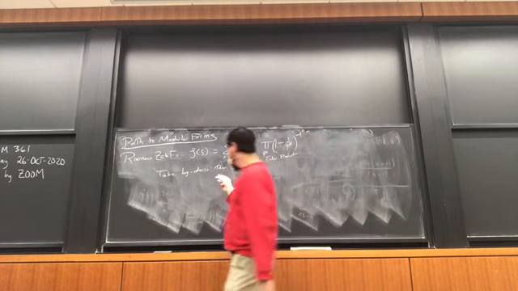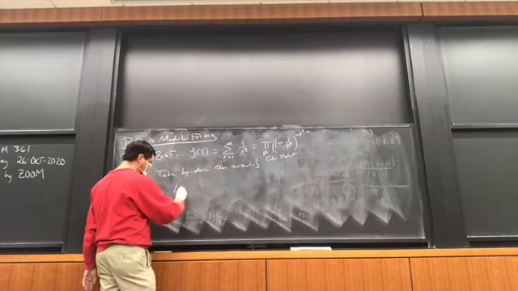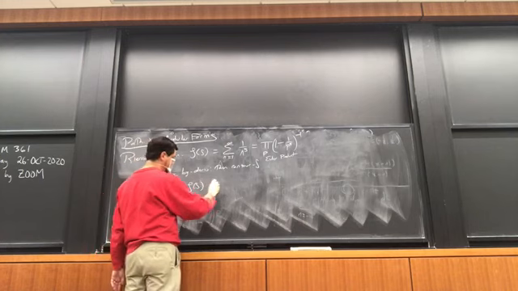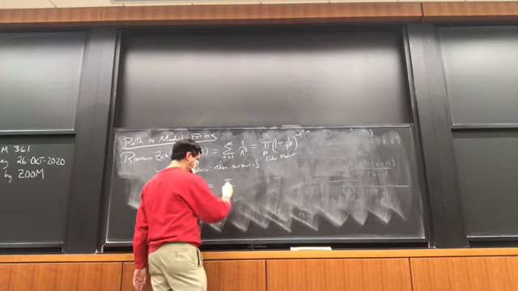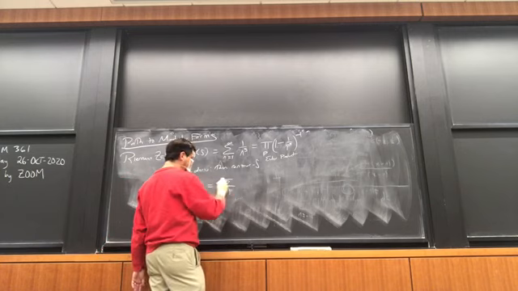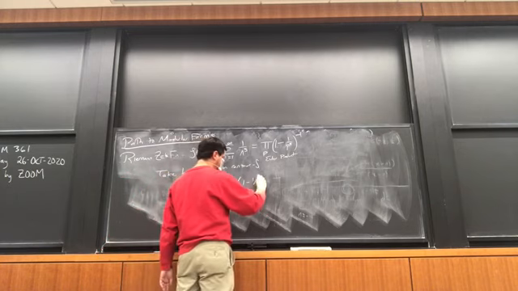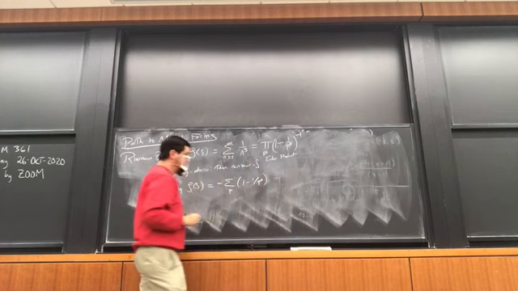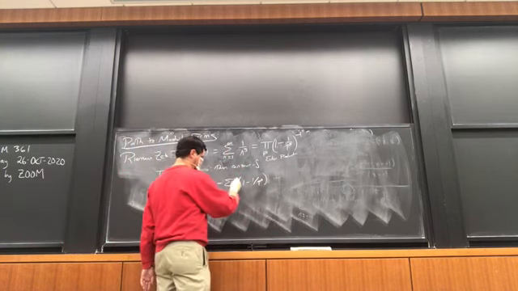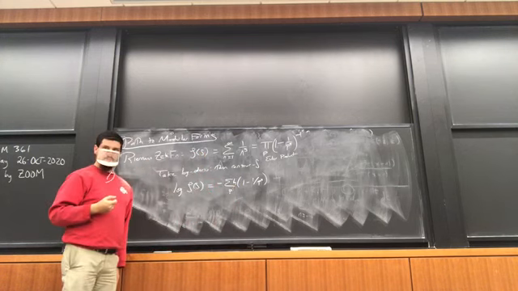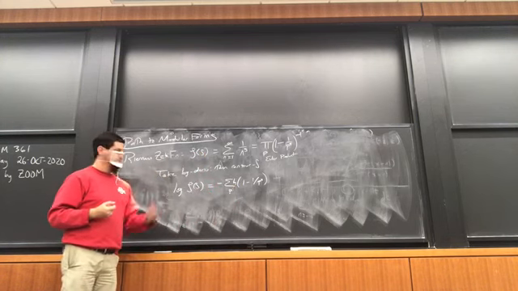But if I take the logarithmic derivative, the log of zeta of s is the sum over p of negative log of 1 minus 1 over p to the s, with the log of the product, because the log of a product is the sum of the logs.